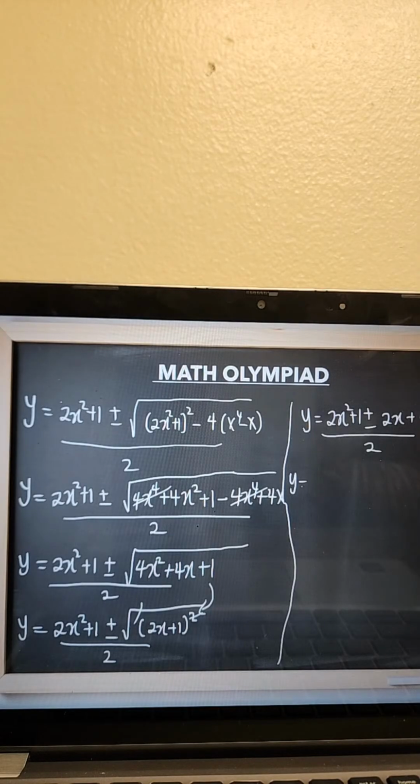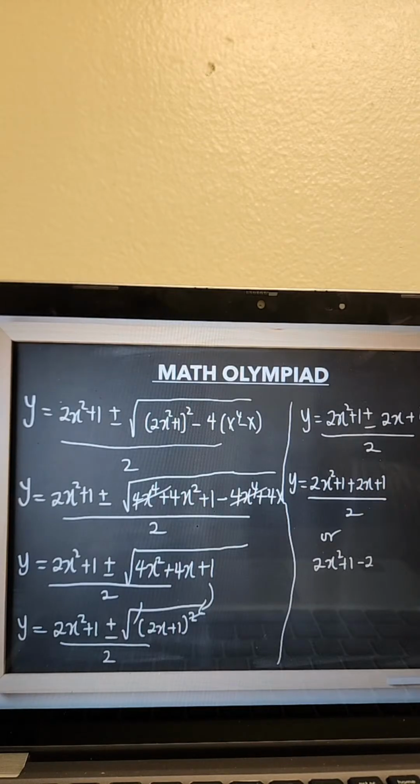So here we have y equals 2x squared plus 1 plus 2x plus 1 over 2. Or for the negative side, we have 2x squared plus 1 minus 2x minus 1 over 2. So now we're going to have two cases.